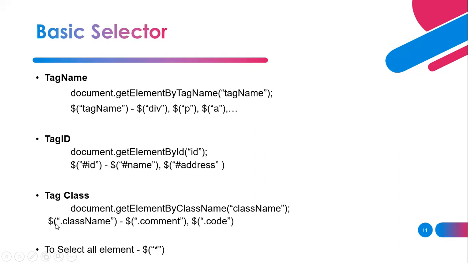And for class, we need to write a dot before the class name. So that is the difference. And we just need to use this only, not getElement and so on. To select all elements, we can also use the star sign.